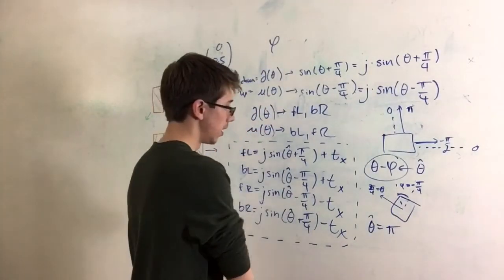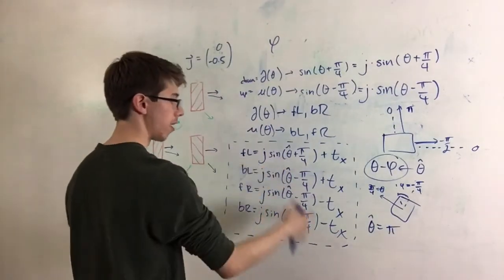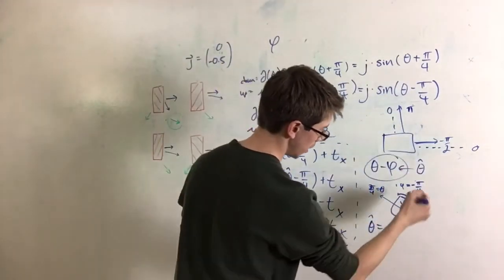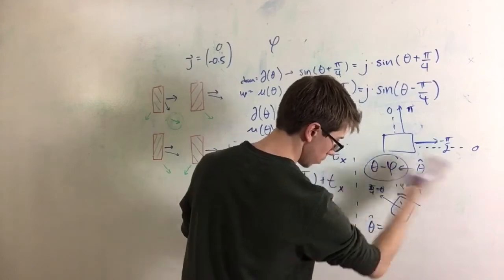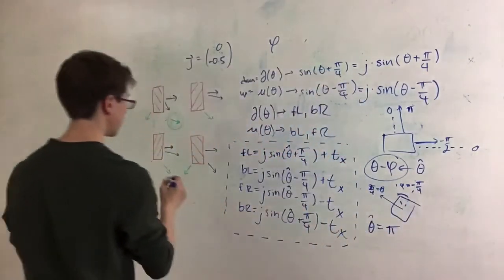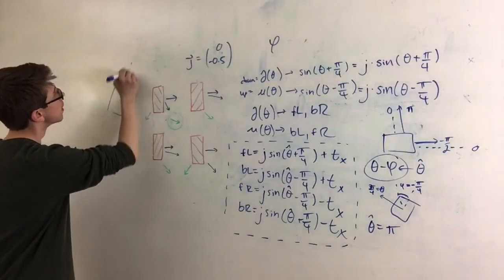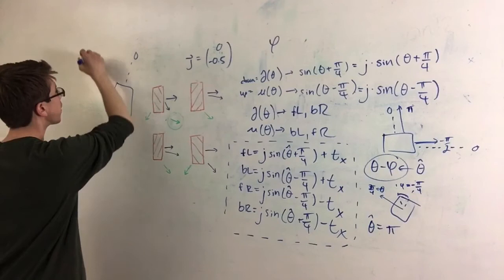Now, if theta hat is pi, then let's take a look at how the robot is going to move relative to itself. So now let's rotate the axes right here. This is now 0. Okay?